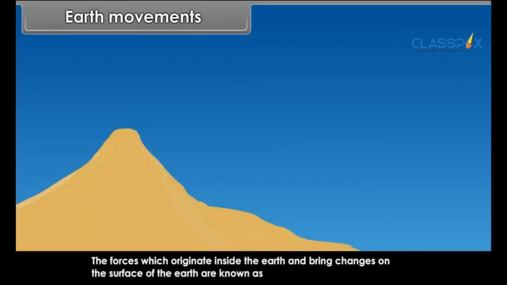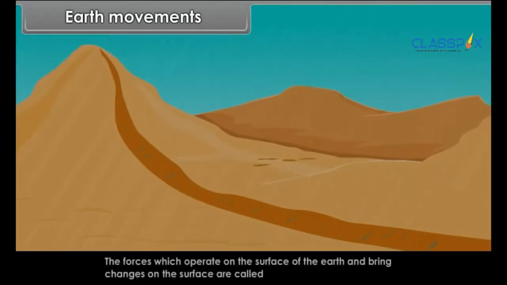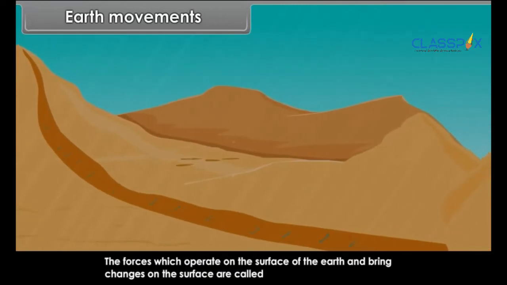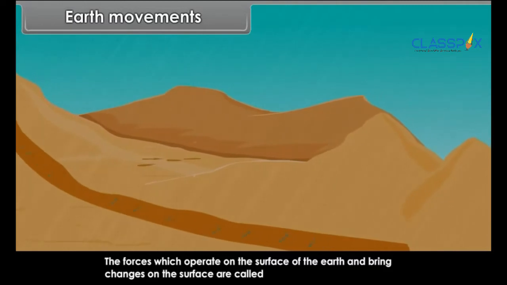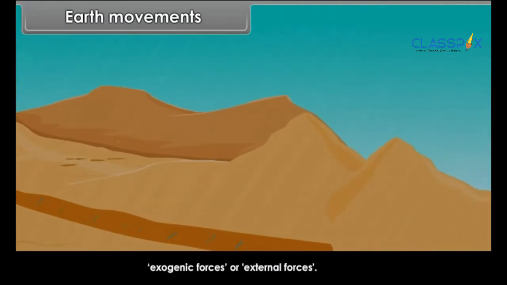The forces which originate inside the Earth and bring changes on the surface of the Earth are known as endogenic forces or internal forces. The forces which operate on the surface of the Earth and bring changes on the surface are called exogenic forces or external forces.